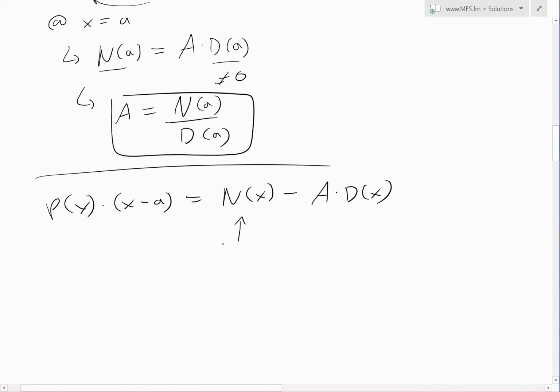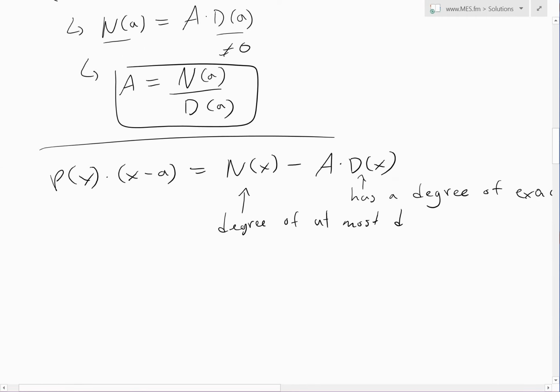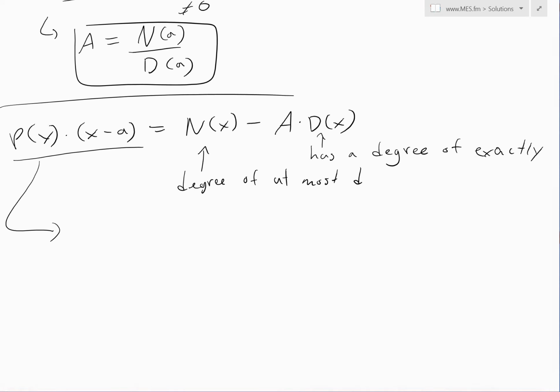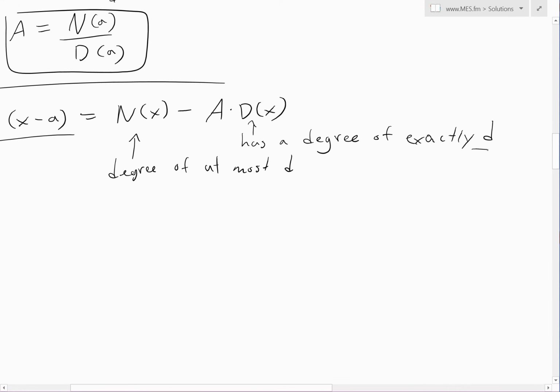So this has a degree of at most d, and this one right here has a degree of exactly d, and these are just polynomials. So p of x times x minus a, this whole thing has a degree of d, because if we add these two together, since we're adding, not multiplying, the degree stays as the highest one, which is d.